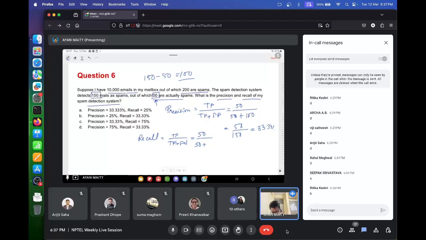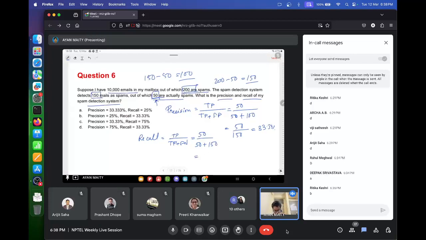So 200 are actually spams but only 50 actual spams have been correctly classified. That means the remaining 150, 200 minus 50, actual spam mails have not been classified as spams. So those are false negatives.